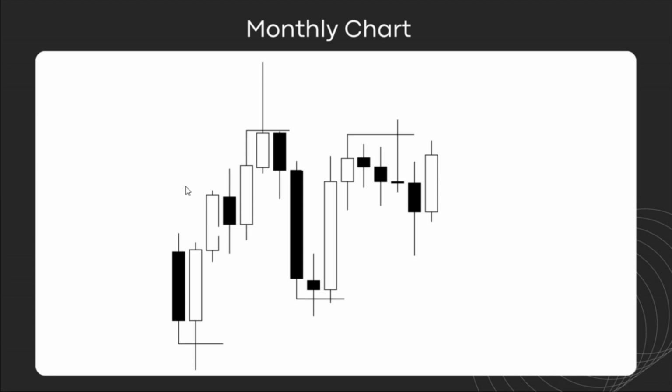Now obviously it's going to take weeks for price to reach there, and throughout this time price is going to be in different market profiles in the lower time frame. We're going to have retracements, we're going to have ranging profiles, and then expansions, right? We're going to have different market profiles towards that direction.